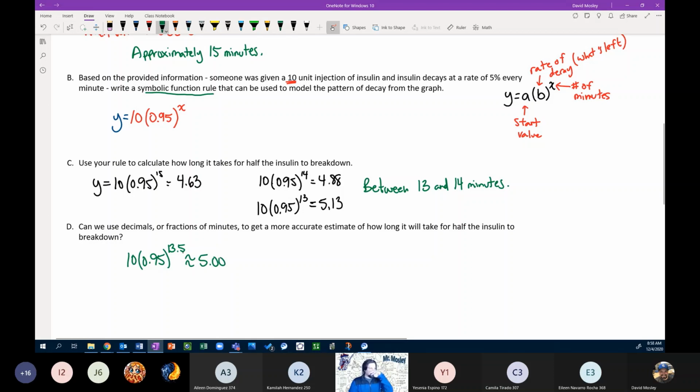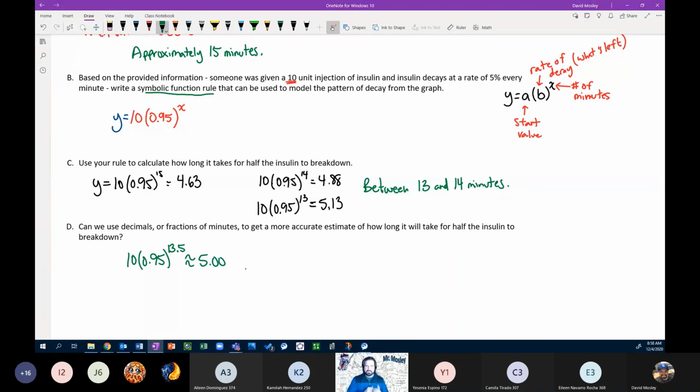So we can use decimals now in our exponents to get better approximations or better answers. We get 13 and a half minutes, however you want to say it. Any questions on this example?